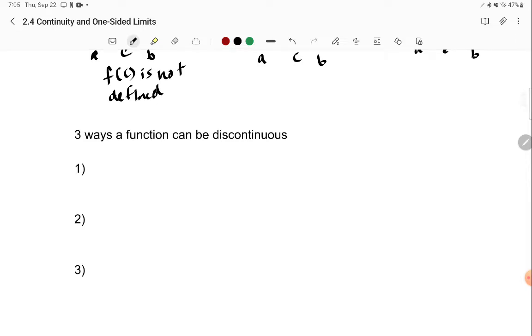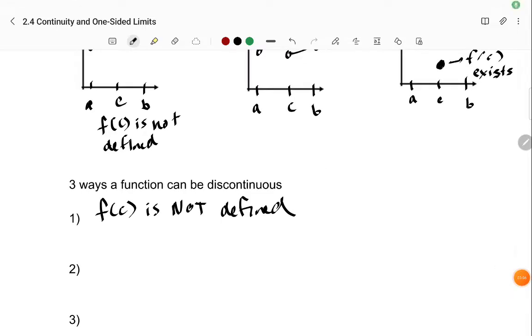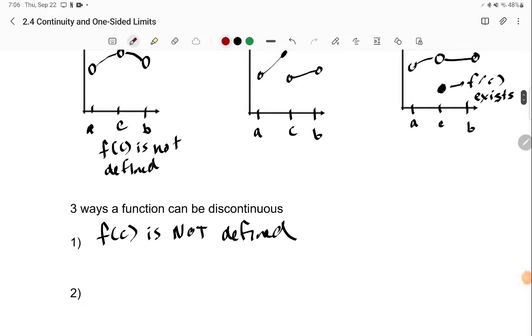The first one is where f of C is not defined. And we did that example up here, where it's not defined.